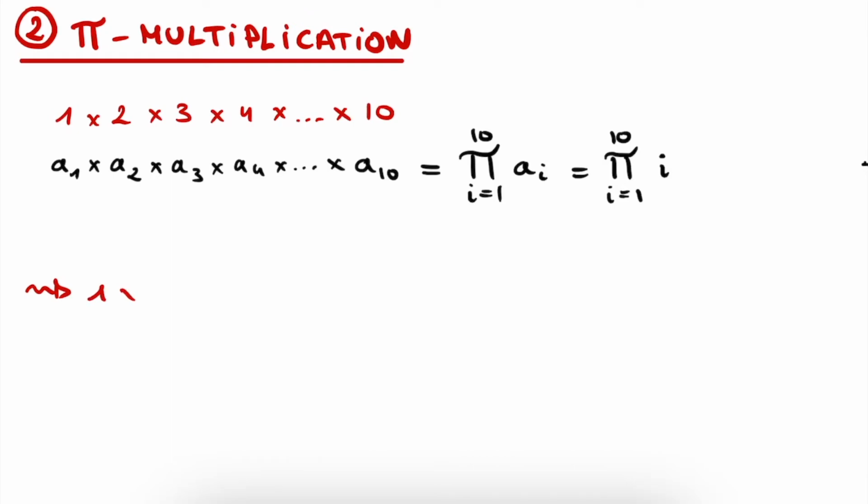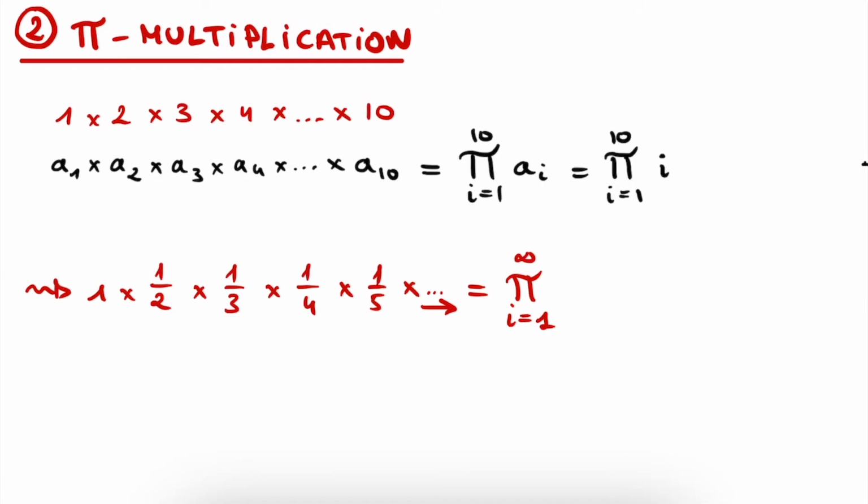Let's look at an example. We want to multiply 1 with 1 over 2, multiplied with 1 over 3, multiplied with 1 over 4, multiplied with 1 over 5, and so on without any end. Therefore, we can write this as the pi multiplication, where we start at i is equal to 1. We do not have an ending index because we simply multiply terms all the way up to infinity. And now we want a prescription of how to find the value on the ith place. We see that on the first place in our multiplication with index 1, we simply have the value 1.